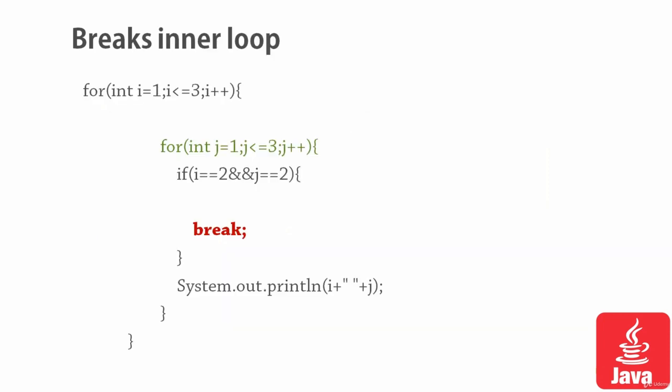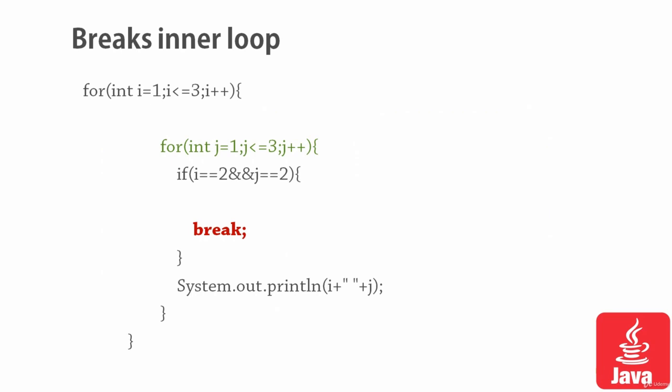It may be used to break the inner loop within another loop. Here we have two for loops, one inside another, based on different conditions. If a certain condition is matched, here when the value of i and the value of j are both 2 simultaneously, then the break is initiated, the inside loop is terminated, and the outer for loop continues.